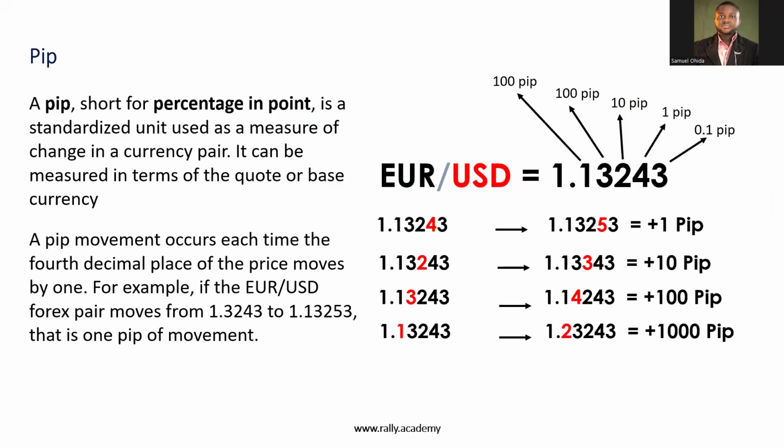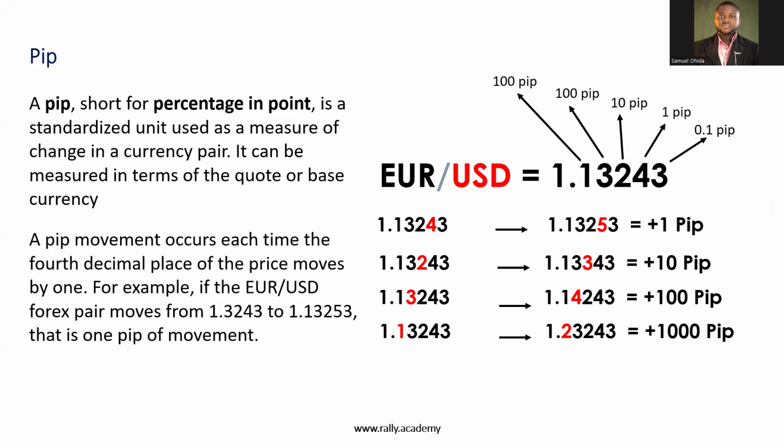Let's start with the first one. The first one we're talking about today is PIP. PIP is an acronym. It stands for percentage in point. It's a standardized unit used to measure a change in a currency pair. Remember how when we want to talk about change in distance, we use kilometer.